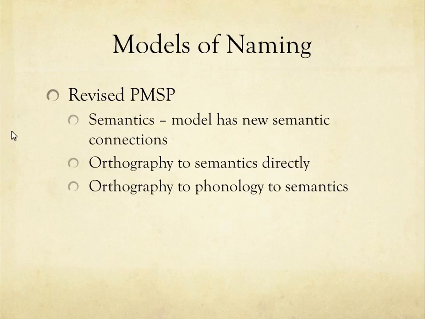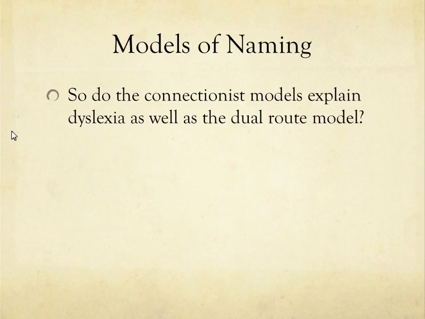They added more semantic connections and made orthography go to semantics directly. It used to have to go orthography to phonology to semantics, I think, but they allowed it to connect across all of the different ways, as opposed to forcing it to flow in one direction and then back in another. So instead of being a tiered model, it became this triangle model. That seems to work better.